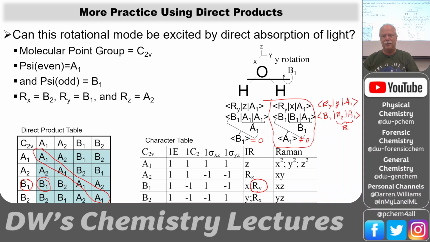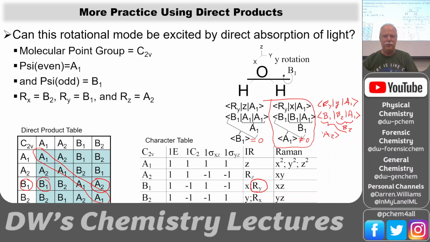So b2. Now this one is, even I want to check my work on this. This is a b1 times a b2, and I'm thinking, I don't know, right? And so we got to go over here, and we see b1 times b2 gives us a2. But yeah, I would want to use the direct product table for that one, a2.